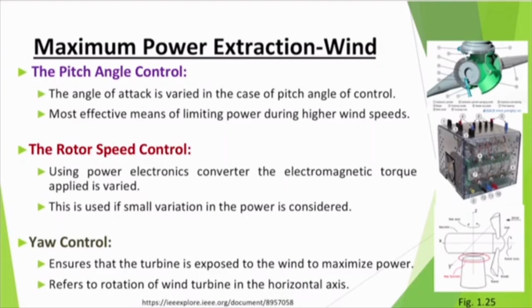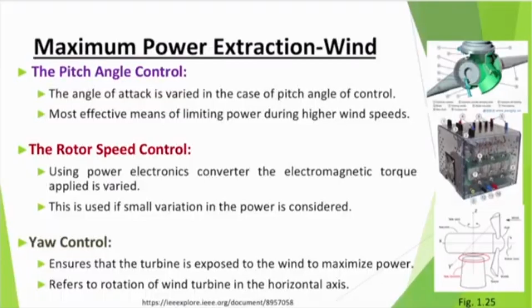Then one more control mechanism is known as rotor speed control. This is used if a small variation in power is considered, so that can be managed through rotor speed control. And then you have yaw control, which ensures that the turbine is exposed to the wind for maximum power, and refers to rotation of the wind turbine about the horizontal axis.